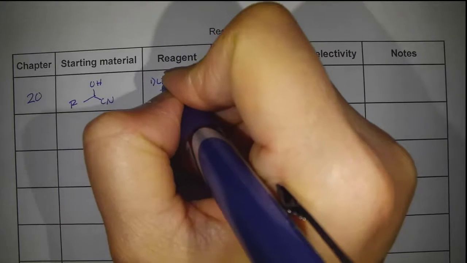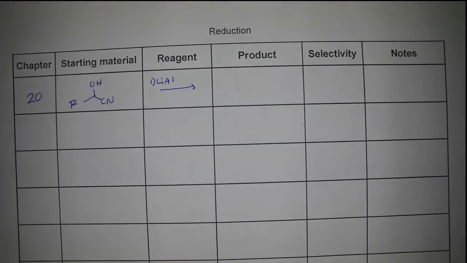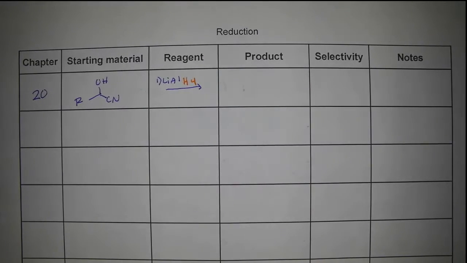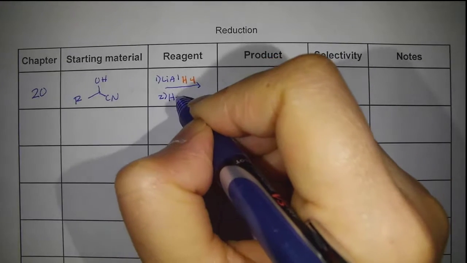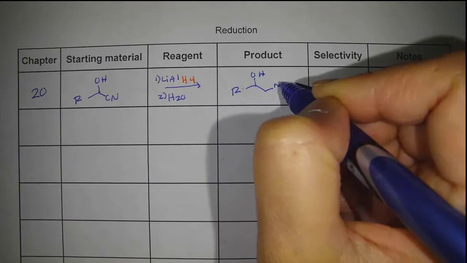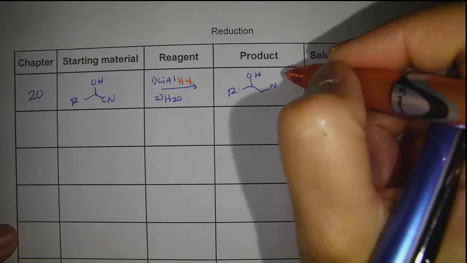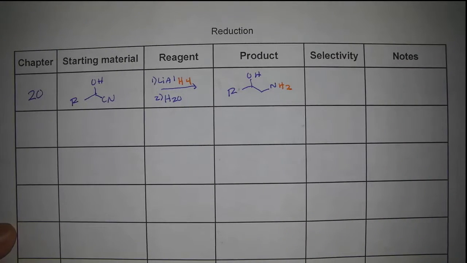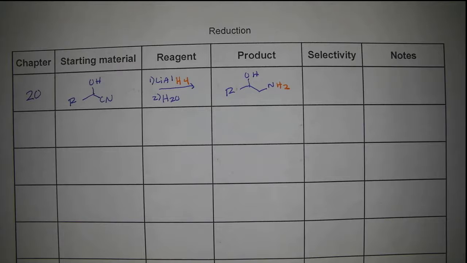If you add lithium aluminum hydride, which is the super powerful reducing reagent, that will reduce the nitrile to an amine. All right, questions on those reactions?